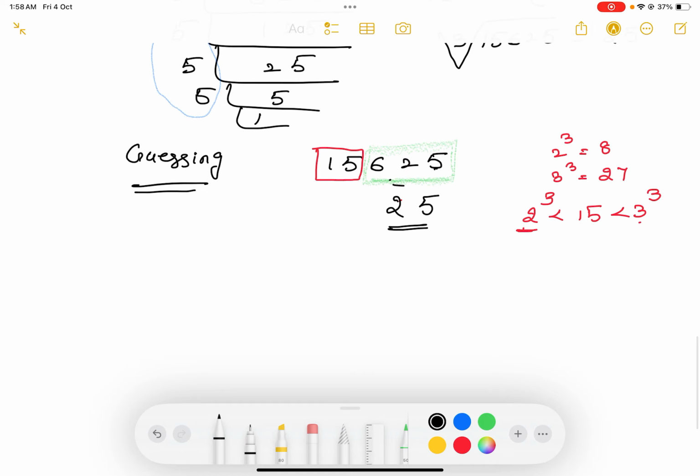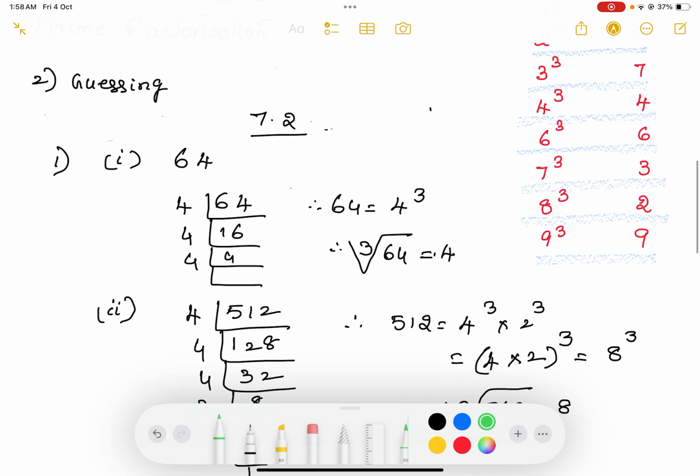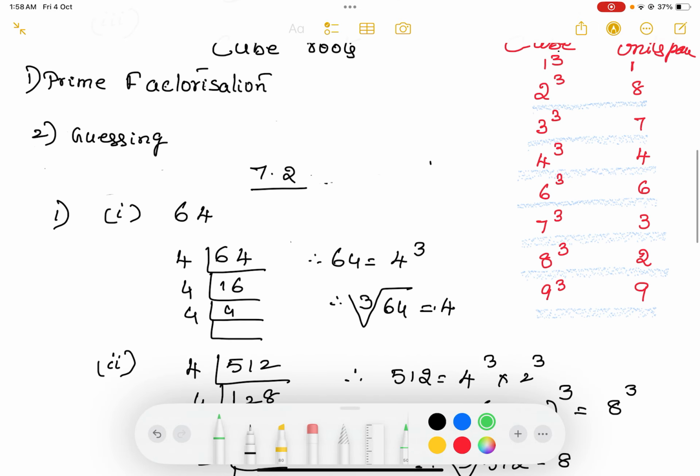So I hope you could understand. You have to divide the given number. Always make a group of the last 3 digits, and take the units place. Units place is 5. So the cube root of the units place, whenever you consider the previous examples, all these I have given you. Here I didn't write 5 because 5 is already a known factor.